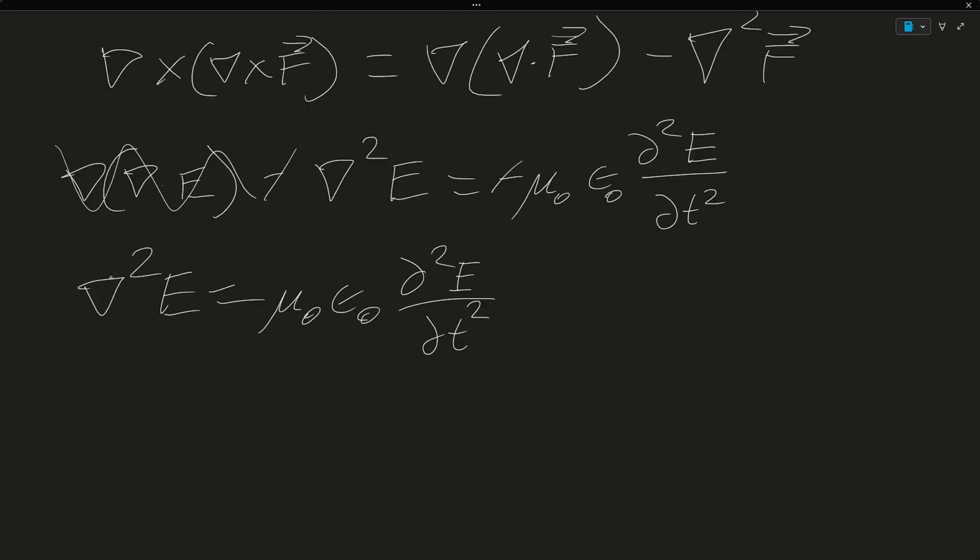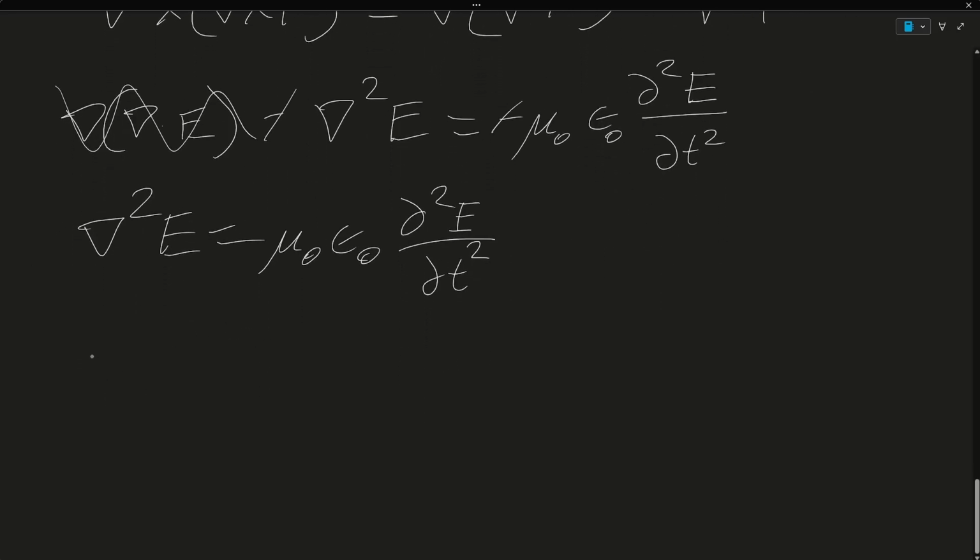Okay, so the last thing that I want to do is, we know that c is equal to 1 over the root of mu naught epsilon naught.